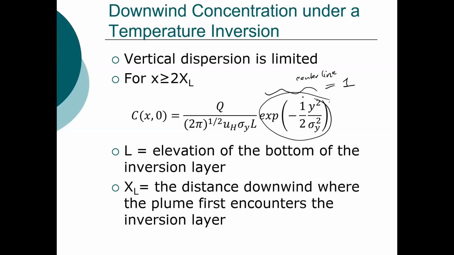So then it's only this part of the equation that we need to worry about. Q is our source term. U sub H is the wind speed at the effective stack height. We have a dispersion coefficient in the y direction, and L is the elevation of your inversion layer, or your mixing height. Any questions about this so far?